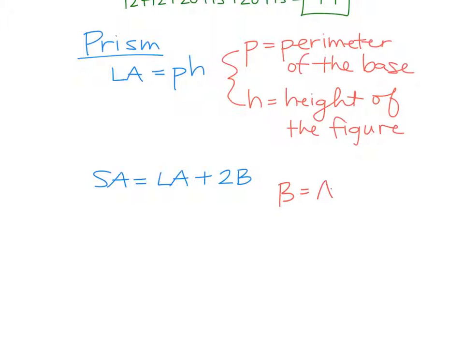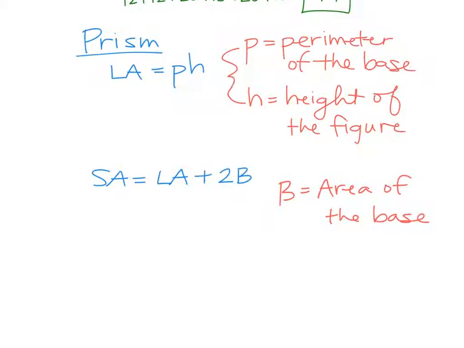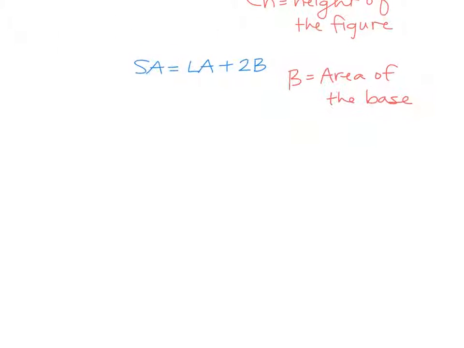So when you see a capital B, you need to think area of the base. Okay? And then if you can do that, you can do these problems. So make sure you know what the variables stand for, and we're going to try a few to make sure that you've got it, okay? Here we go.